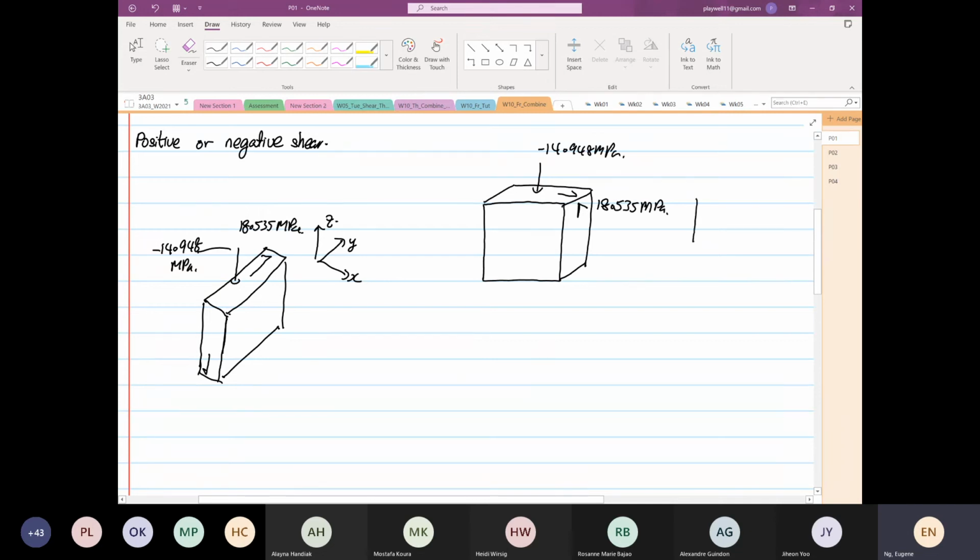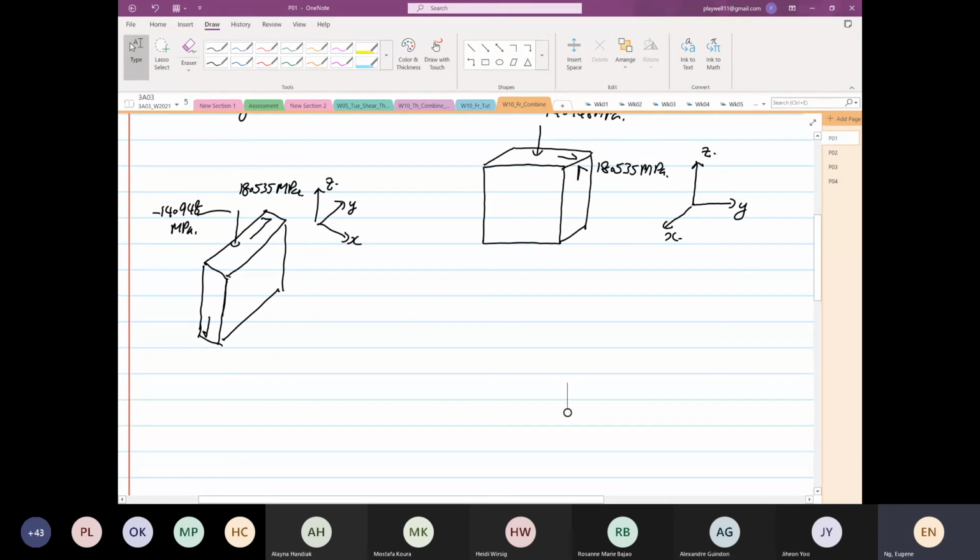Now our view is Y, Z, and this is X. So we're doing it this way. So this is positive shear. Let me show you what is positive shear.